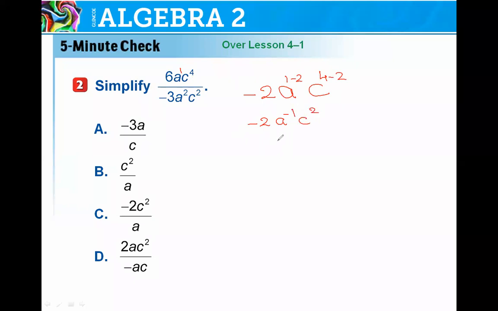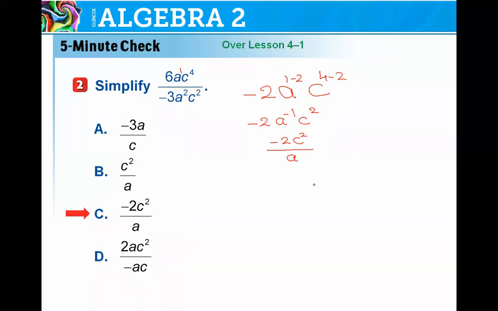This is the result, but we need to simplify. We have a negative power, so we make a fraction: -2c squared over a. So the answer will be letter C.